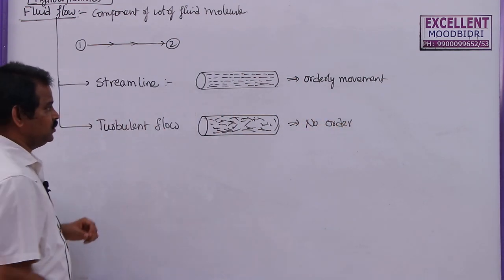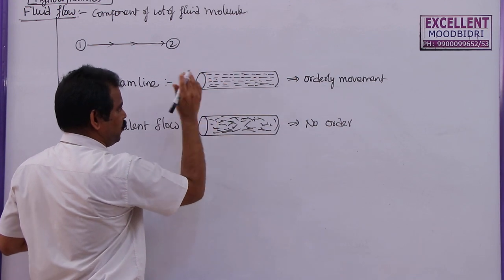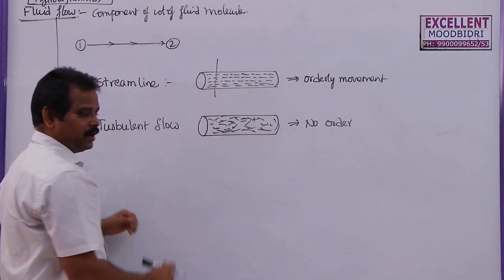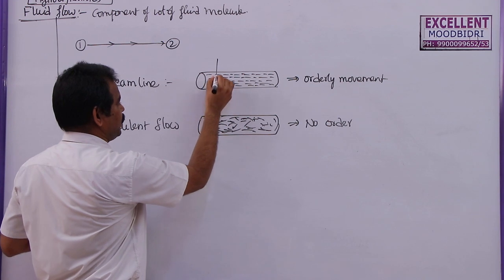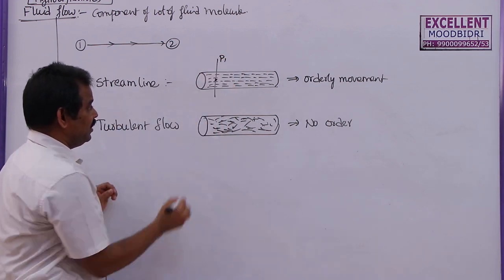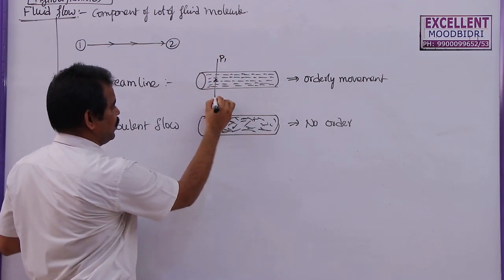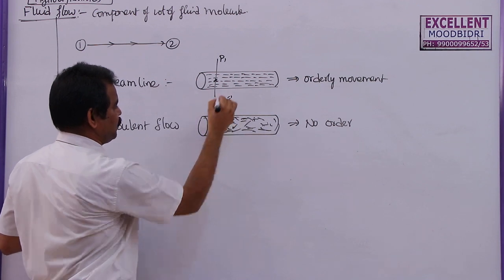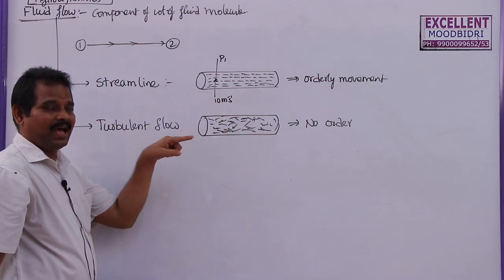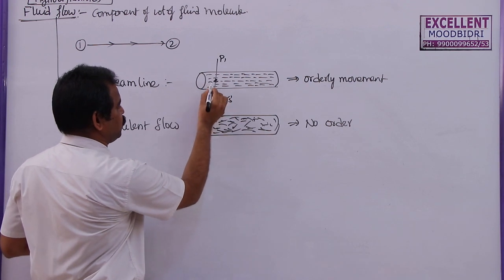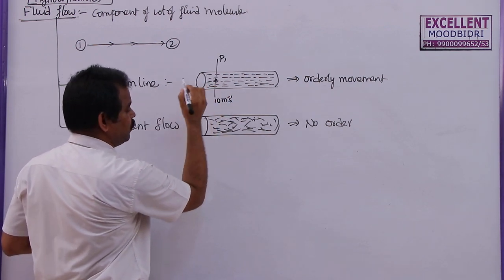Second one, it is found that if you take any point in this flow, now let me take one line here. So at this point, let me take this point as P1. Let us say this molecule is traveling with a velocity of 10 meter per second. What would be the velocity of the next particle that is crossing this point? Even this will travel with the same 10 meter per second.